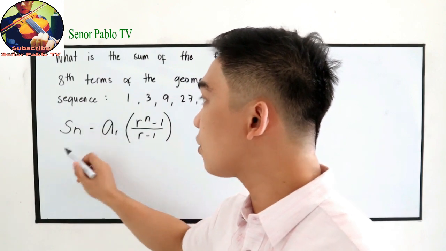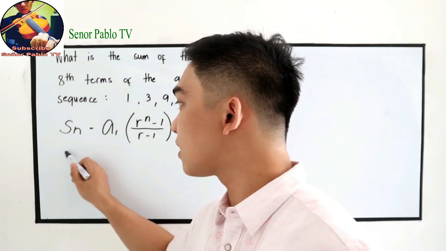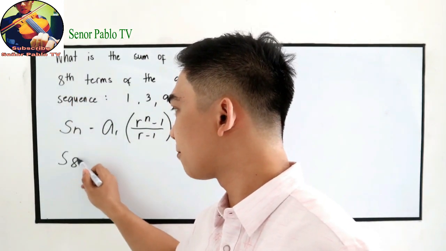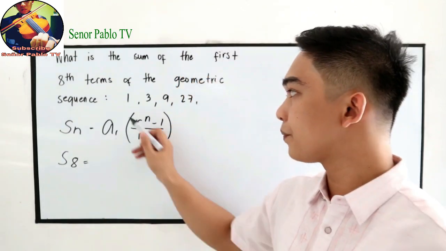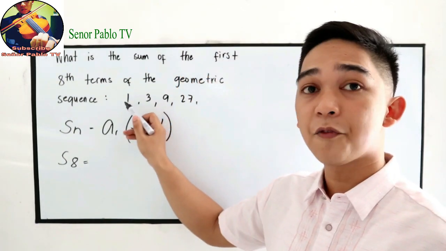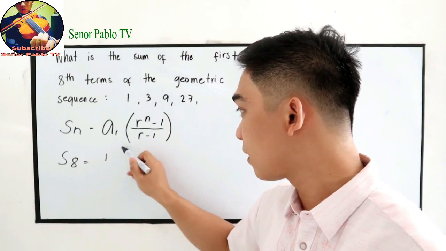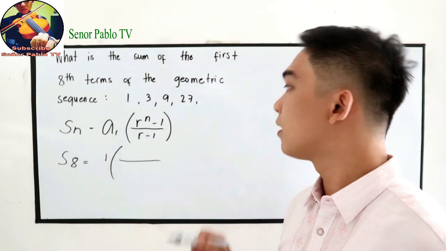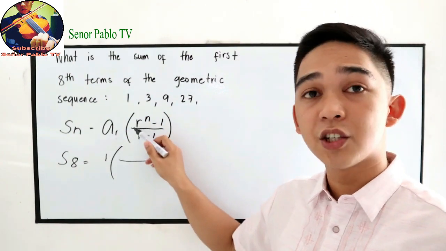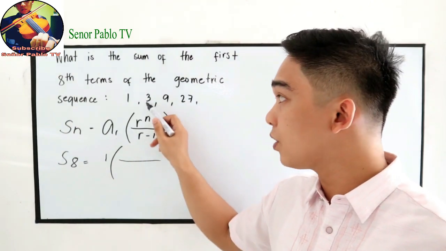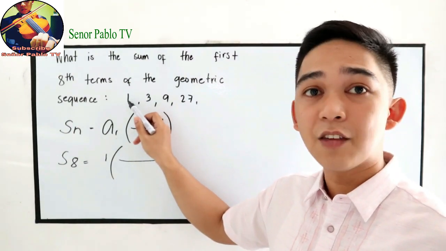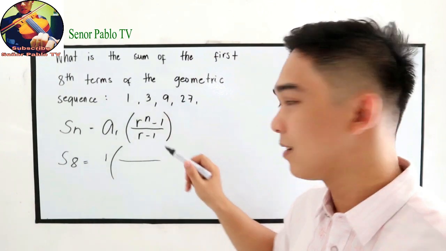So Sn, hahanapin natin yung 8th term, so that is S8. Is equal to A1, alam natin yun ay the first term, which is 1. R is the common ratio. Dito, A2 divided by A1, 3 divided by 1, that is 3.